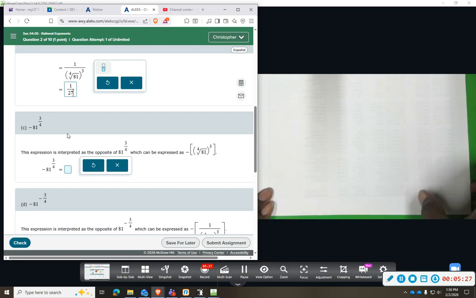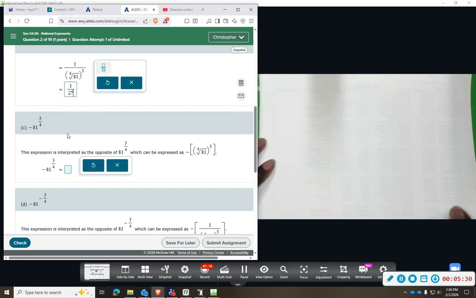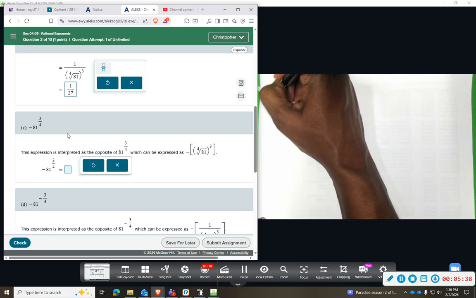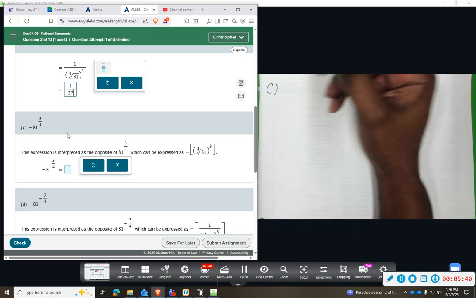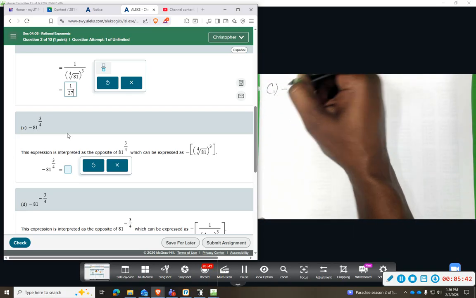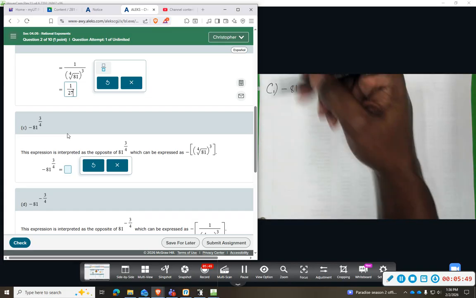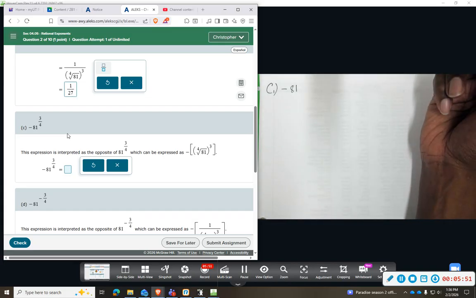We are now looking at the negative being on the 81. Now it is possible to mix these up, so you've got to be very careful and make sure you pay attention to the properties of exponents and those rules, because that negative out front of the whole number acts just like a normal negative. You don't move it up or down like we do with the negative exponents.